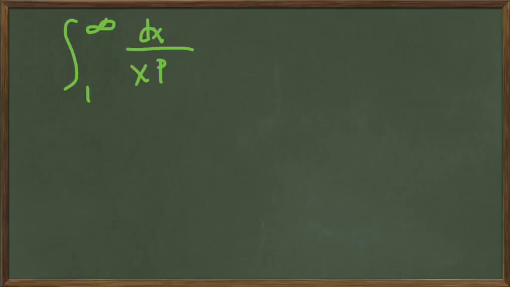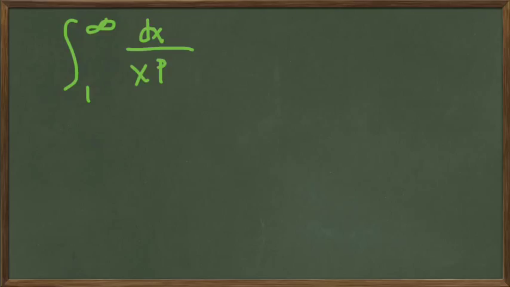Yes, we can, and let's do that on the next blackboard, following what's on page 187 in the textbook. So if we've got the integral between 1 and infinity of dx over x to the p, we already found out that it's infinite if p is 1, finite if p is 2.